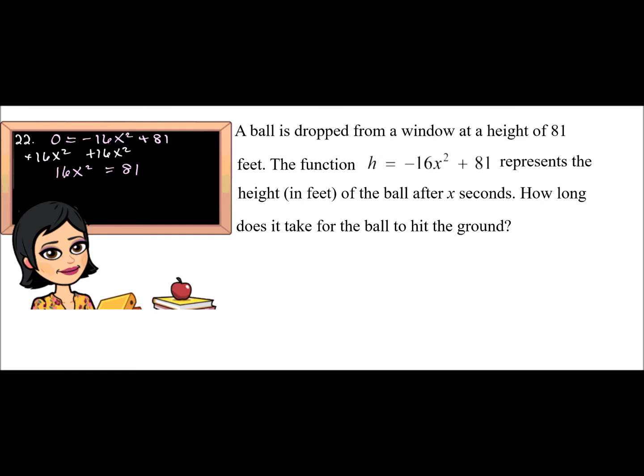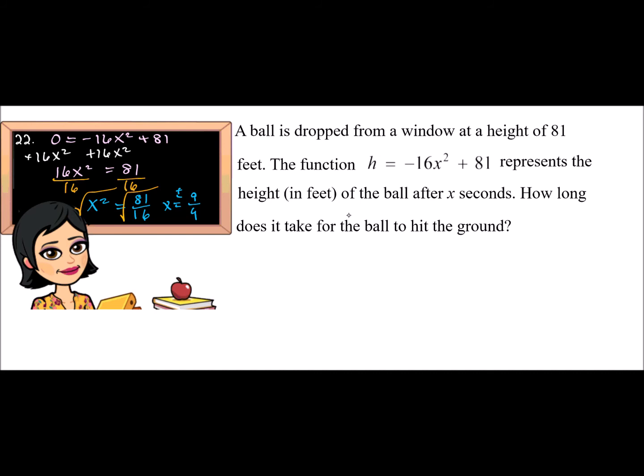Divide by the 16 so I can get that x squared by itself. So that's that multiplicative inverse. And now I end up with x squared is equal to a fraction. It's okay, you guys. And now we take the square root of that, and we end up with x being 9 over 4. Don't forget that it's positive negative.